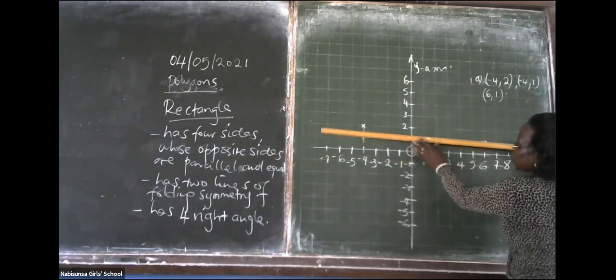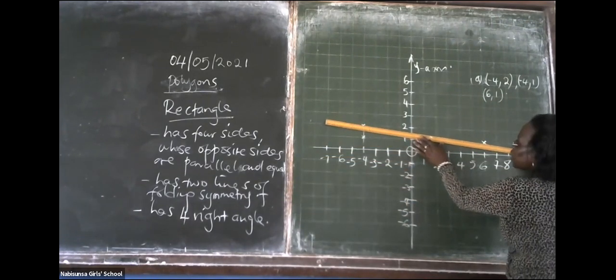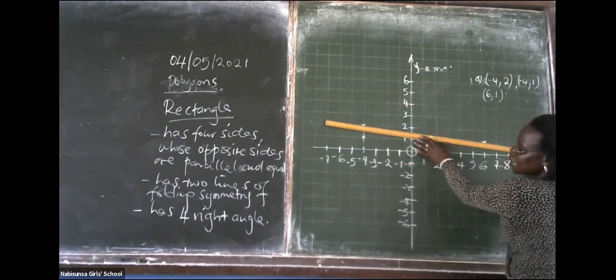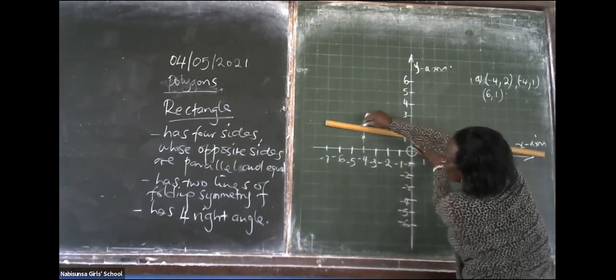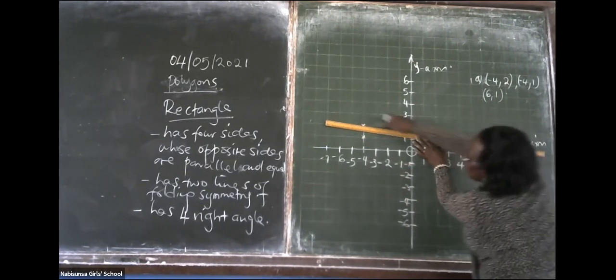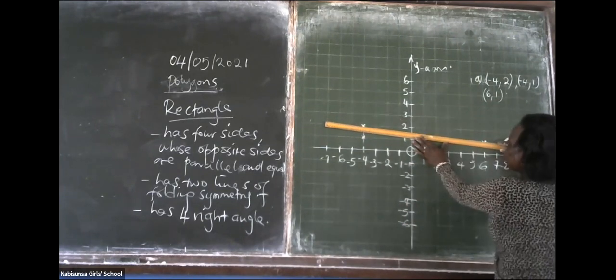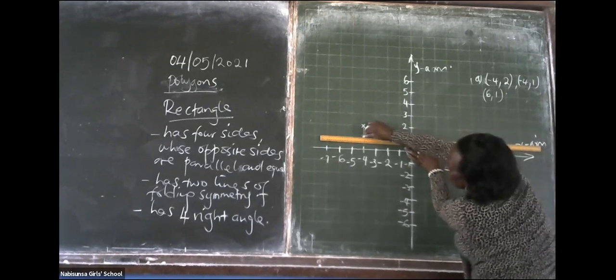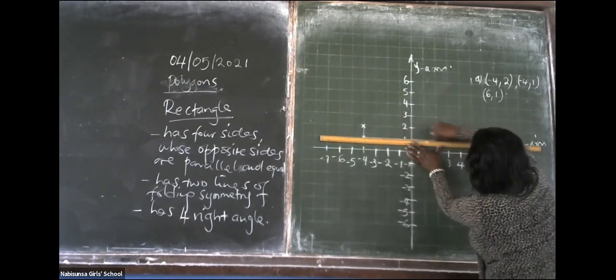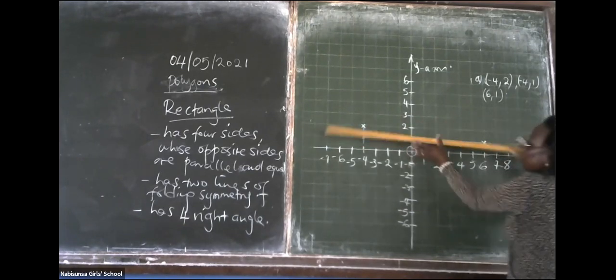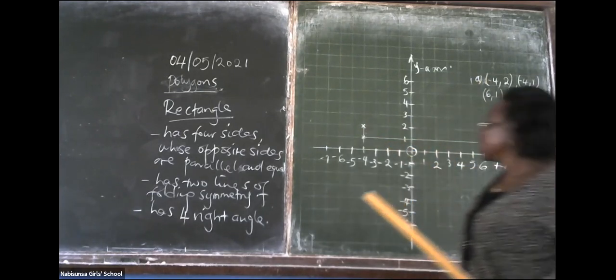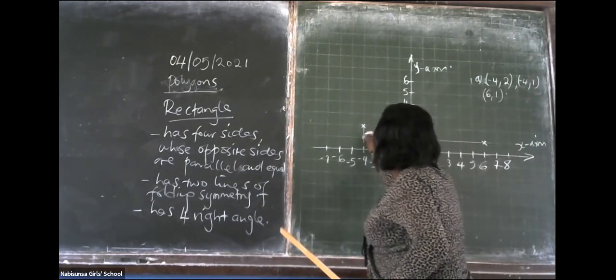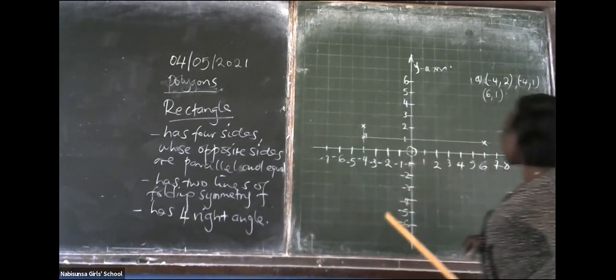That's why you don't connect the above point to this one, because the angle here will not be 90 degrees. That's why we are joining the lower points, so that the angle between the two sides of a rectangle is 90 degrees.